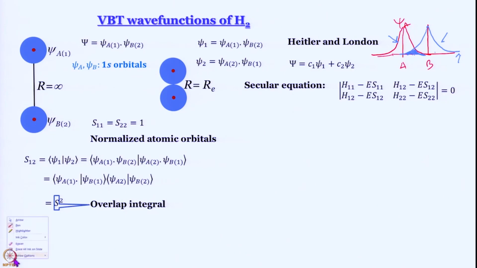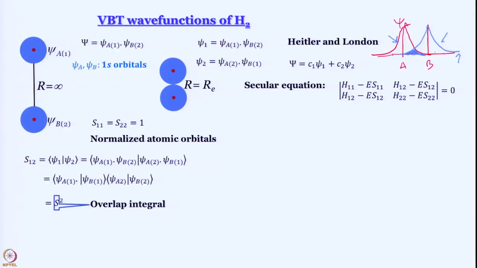Well, if you want to be very rigorous, they are non-zero everywhere because they become 0 only asymptotically. But here practically, if it is 0.000001, we take that to be 0. So, only in this region where both the orbitals have more or less good non-zero values will this integral have a non-zero value. So, this is a region of overlap, that is why the name is overlap integral.